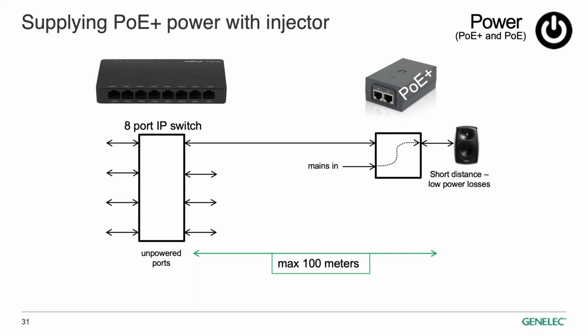And this enables you to use the existing network hardware in a building where you already have the network in place, and you don't need to replace all of the switches, which usually is one of the more expensive parts of the network infrastructure.